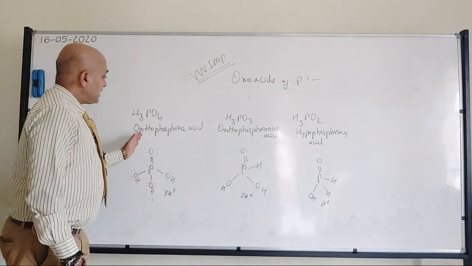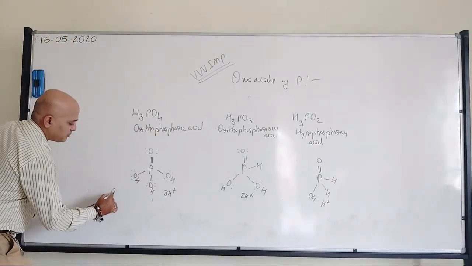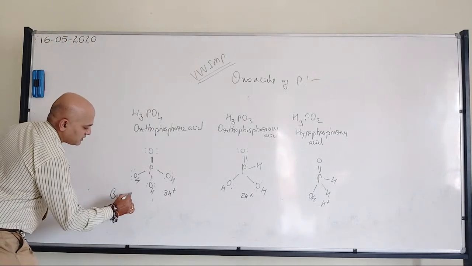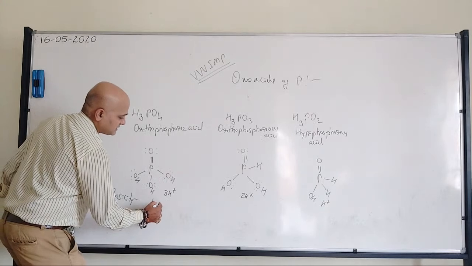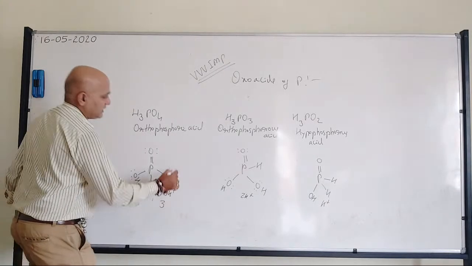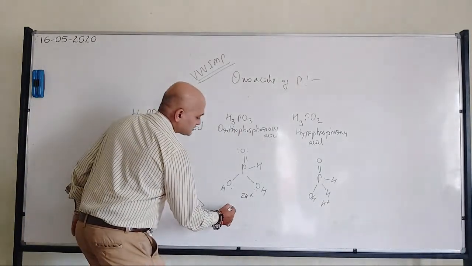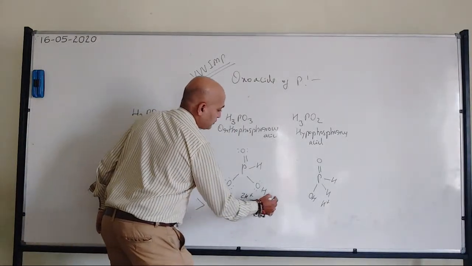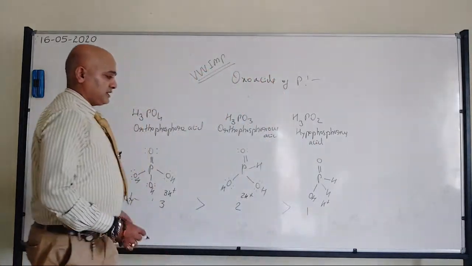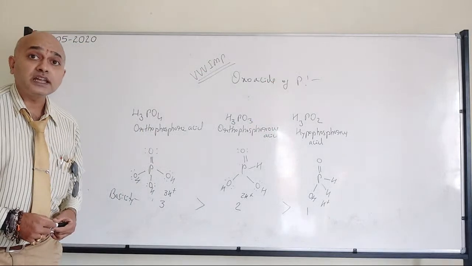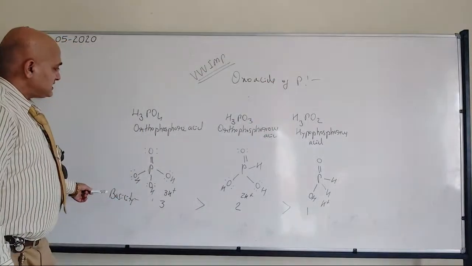Orthophosphoric acid has basicity 3, which is greater than orthophosphorus acid, which has 2, which is greater than hypophosphorus acid, which is 1, based on the number of OH bonds.